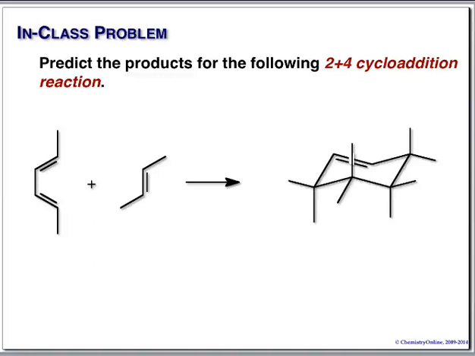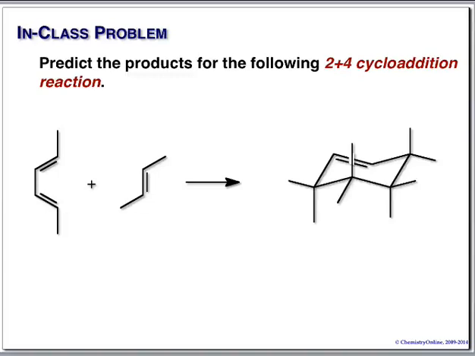Let's do the easy one first. Our dienophile here is trans, correct? These two carbons in front here are the carbons of our dienophile. So we need to put methyl groups on there that are trans.